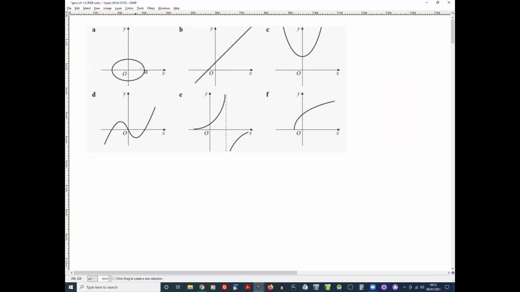Are you used to thinking of x values as inputs to a function and y values as outputs from the function? You remember in primary school, they used to say, here's a number machine. If we put a number in here, what comes out the other end?